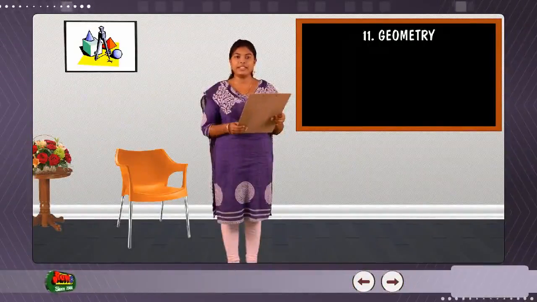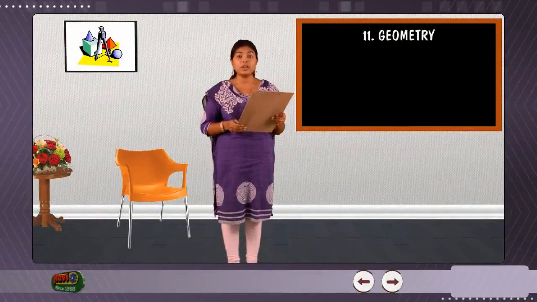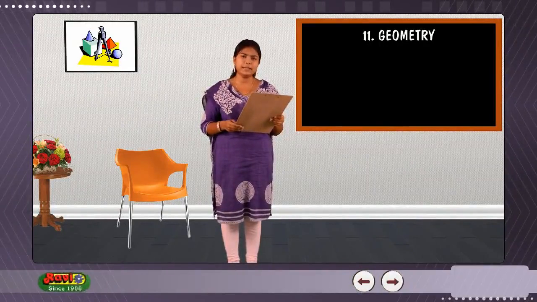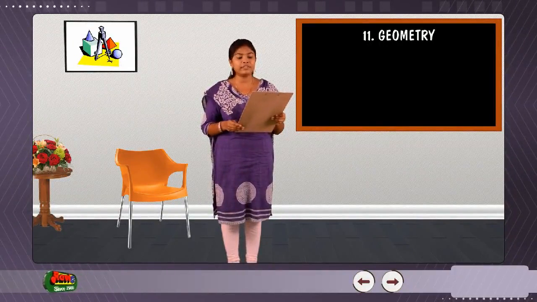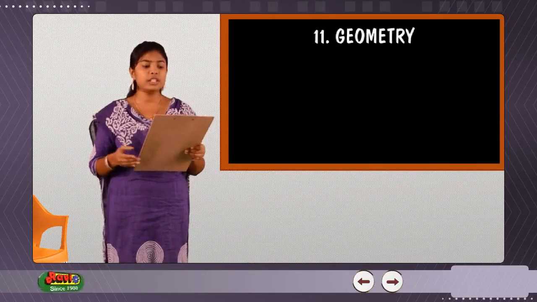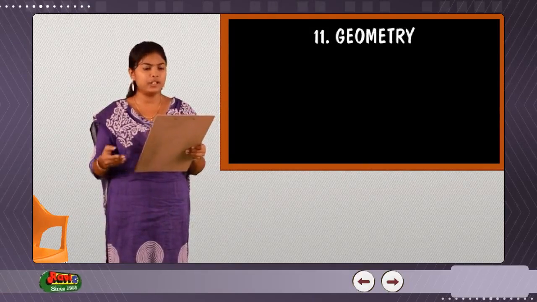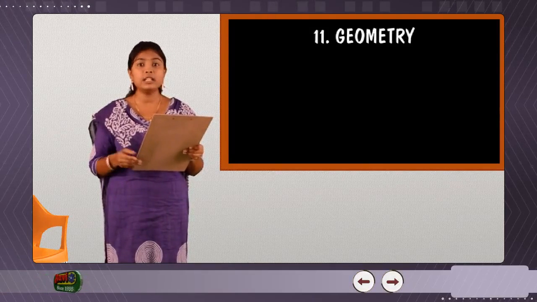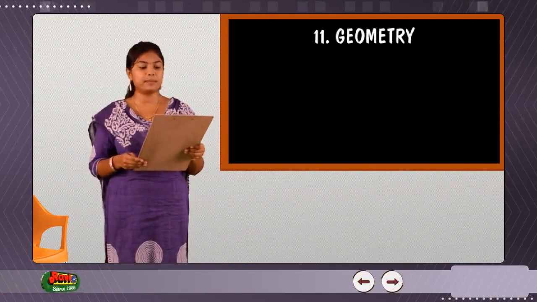Chapter 11. Geometry. Hello friends. Geometry arose independently in a number of early cultures as a body of practical knowledge concerning lengths, areas, and volumes. A construction in geometry is a drawing that can be made with the simplest of tools.